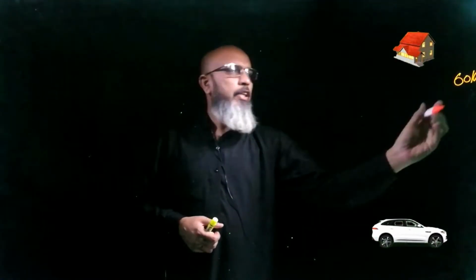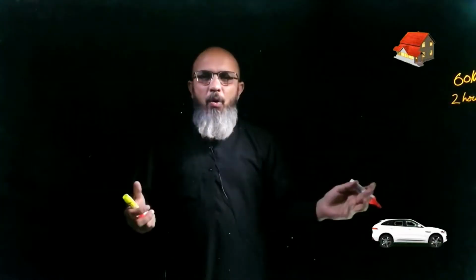Okay students, now just look at your screen. Suppose that is your house and you are moving from your office to your house. Let's suppose the distance between your office and home is 60 kilometer, right? And you reach from office to your house in 2 hours. So how can you calculate at what speed you travel this distance?